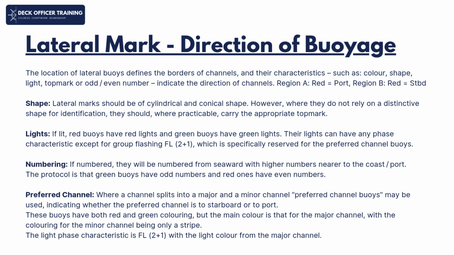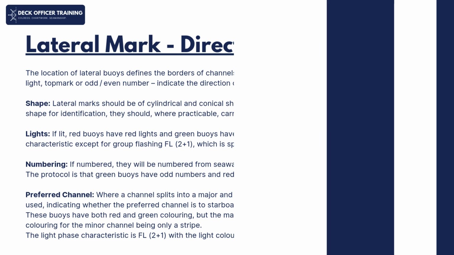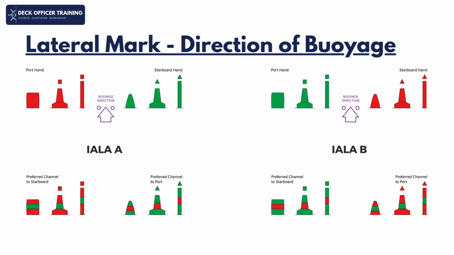These buoys have both red and green coloring, but the main color is that for the major channel, with the coloring for the minor channel being only a stripe. The light phase characteristic is FL2+1, with the light color from the major channel. Here are the shapes and colors for each region.